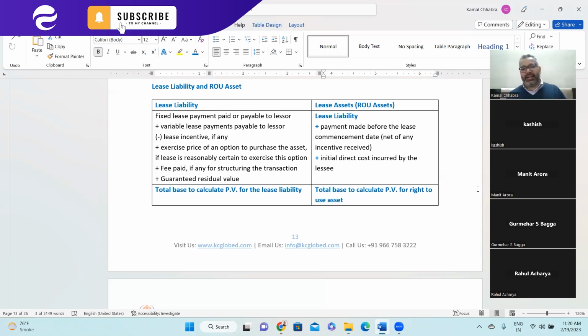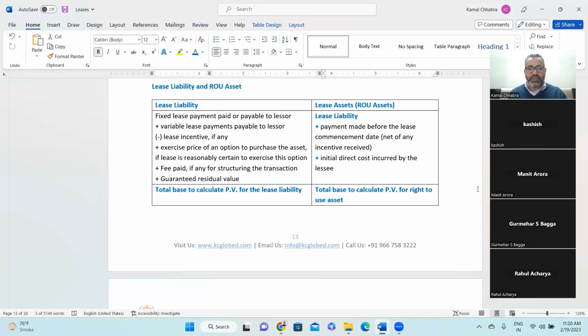Now come to the right hand side, lease assets, or you can say right to use assets. All those things which you have calculated for the lease liability are the starting point. The lease liability calculated on the left hand side is your starting point, and on that you'll be adding payments made before the lease commencement date.